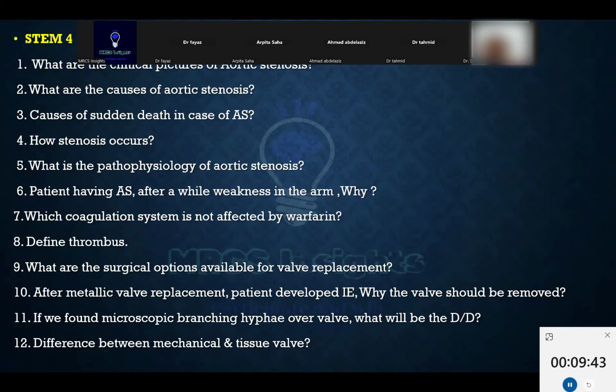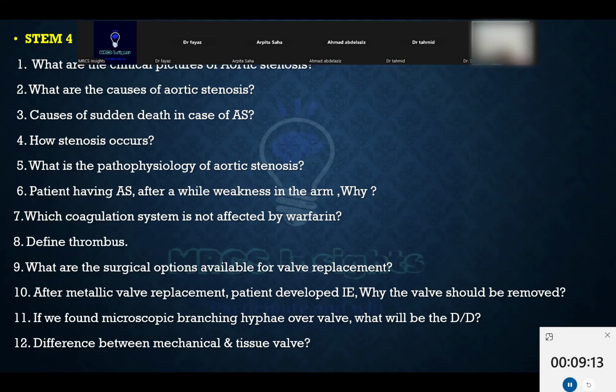In the mild cases, the patient will be asymptomatic. In moderate to severe cases, there will be a triad that includes dyspnea, syncope, and angina.